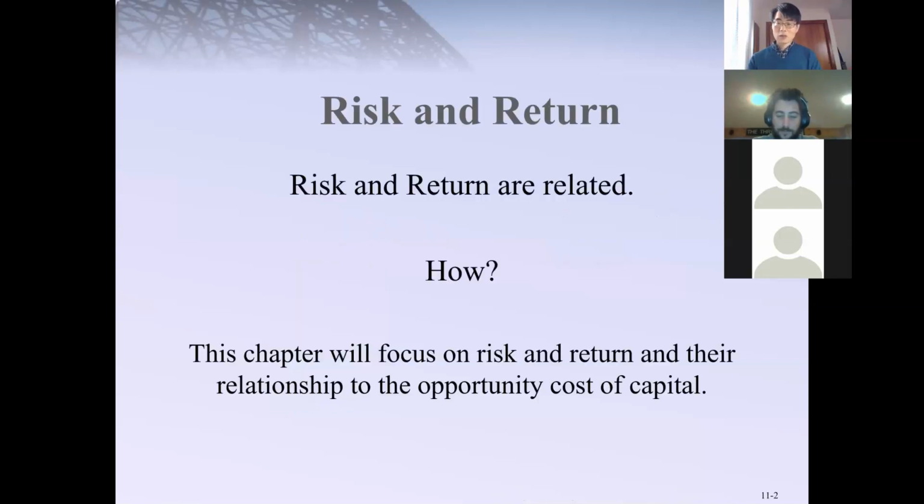And obviously we went over this a little bit in the financial markets class, right? So the first thing that we have learned is that risk and return are correlated in the market, and there is a reason why they are correlated. And also we will talk about exactly how they are correlated, right? So we will talk about how to measure the risk, how to measure the return, why they are correlated, and so on.